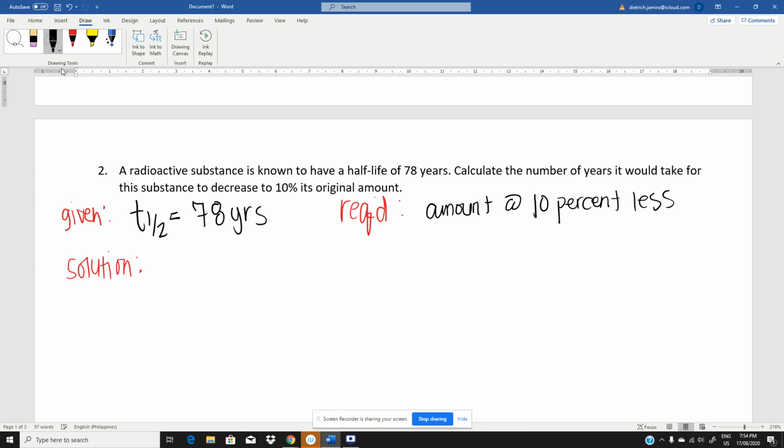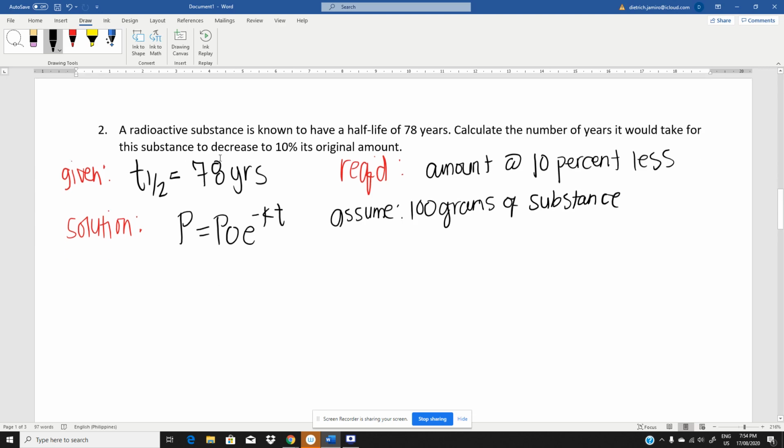We know that the formula for this is P equals P sub O exponential of negative KT. We assume that we have 100 grams of substance.